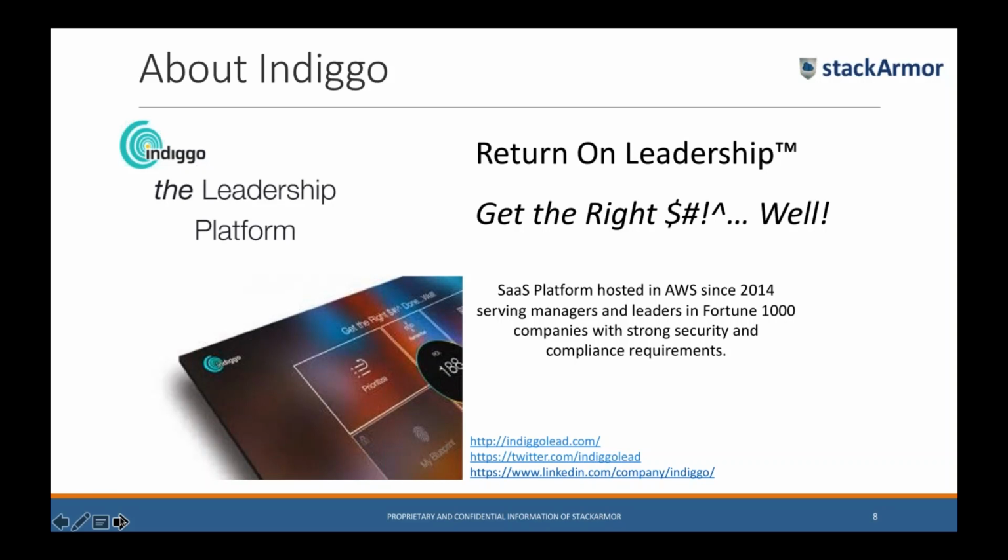During that time, I've had to deal with a number of assessments and a number of regulations. Back in the day, it was the SAS 70 assessments, along with the SSAE 16 assessments, and then, of course, with healthcare, I've been dealing with HIPAA. Now with Indiggo, and with stackArmor's assistance, we are NIST 800-53 Revision 4 compliant.